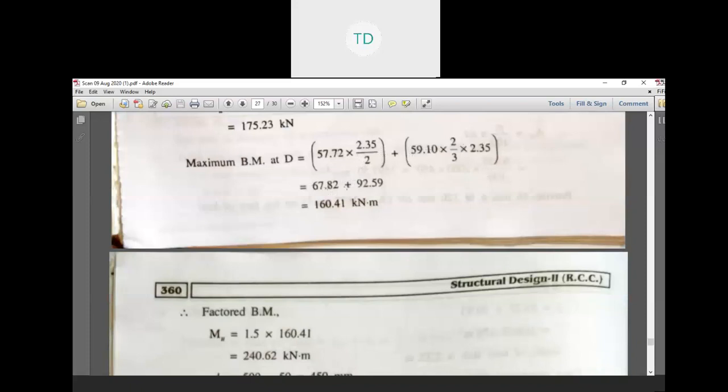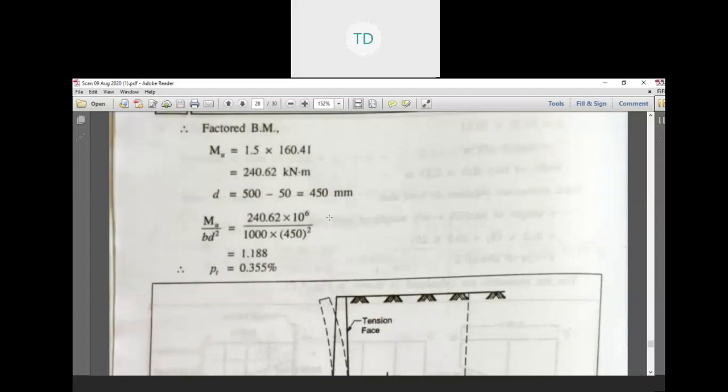We get the two different values and sum them up. We get 160.41 kilonewton meter. Now the factored bending moment, similarly, we get 240.62 kilonewton meter.